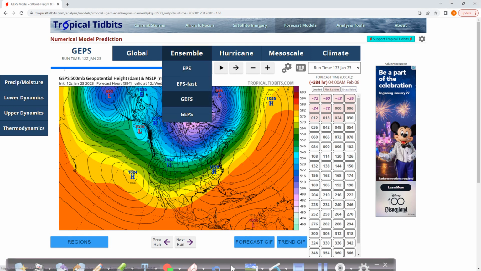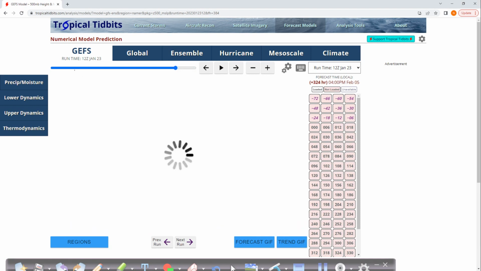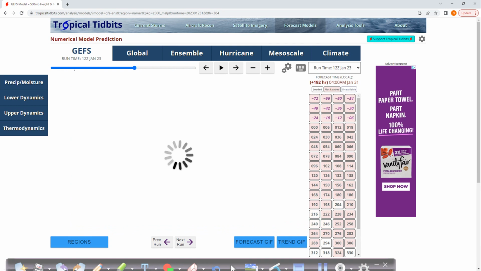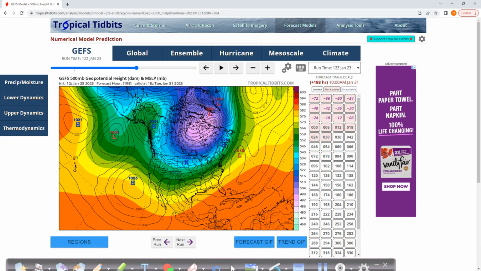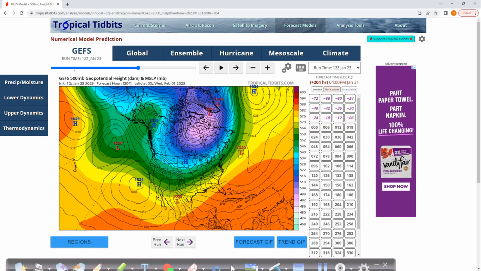Let's look at the U.S. model average here going into next week. So this is next Tuesday. We still see this ridge here on the west coast, and this cold air is still kind of hanging out in the northwest United States, which indicates to me that the operational run of the GFS may be a little too fast in breaking down that ridge.